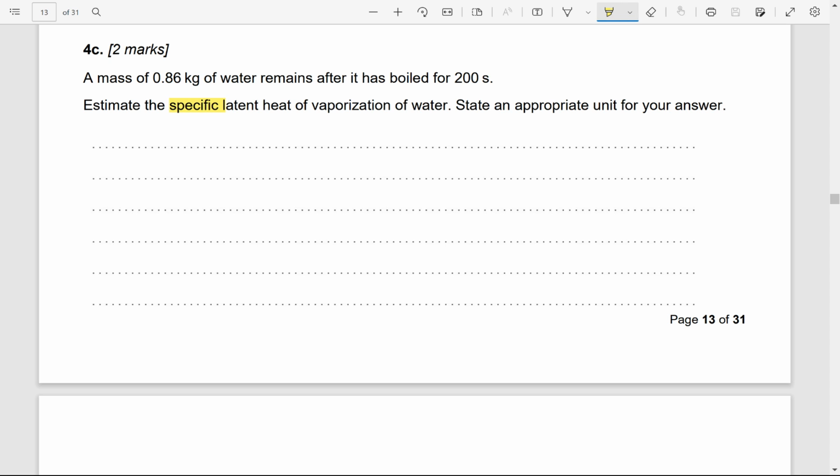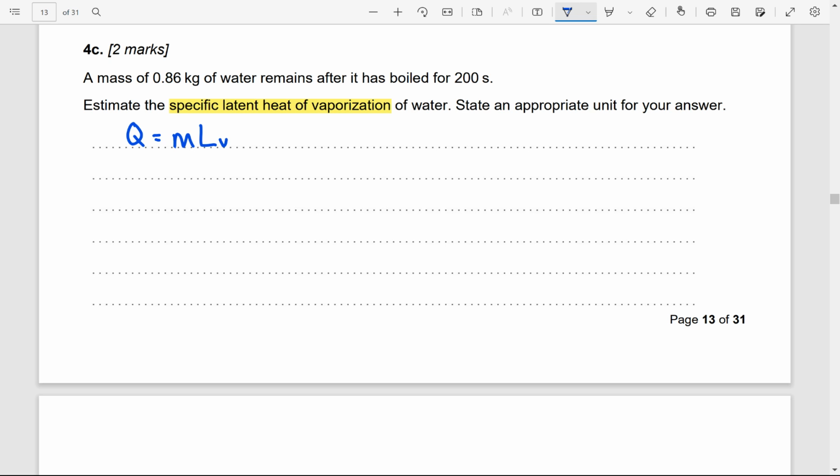4C is asking for the specific latent heat of vaporization, which is capital L. So the equation is energy equals mass of the substance multiplied by the specific latent heat of vaporization. You could put a little V there if you want.